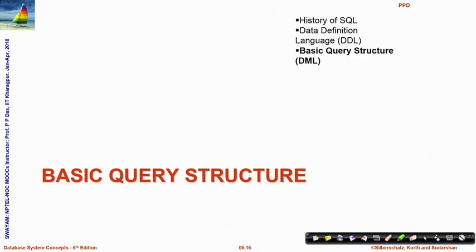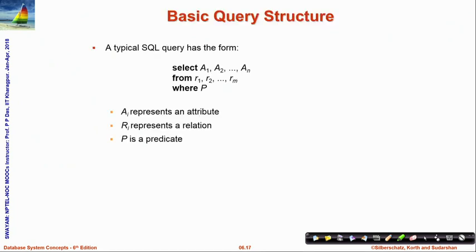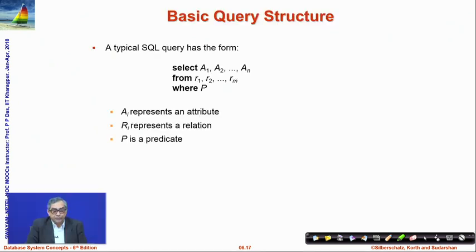So, that was about the definition of the table and the basic definition of the data. Now we will get into the basic query structure: with tables with existing data, how do I query and find out different information. The structure of an SQL query, and this you should observe very carefully, is normally said to be select from where.